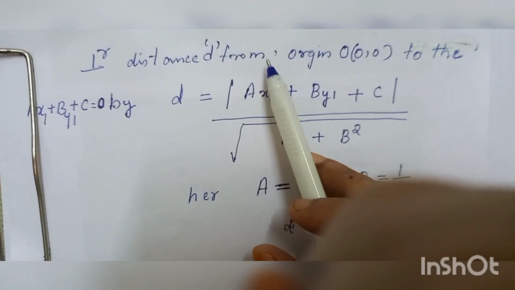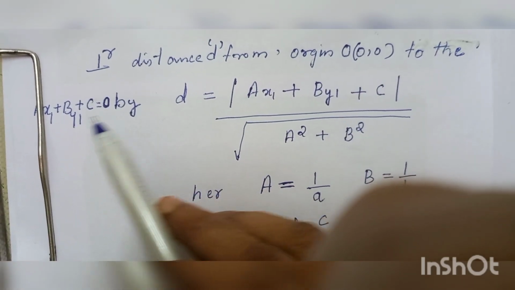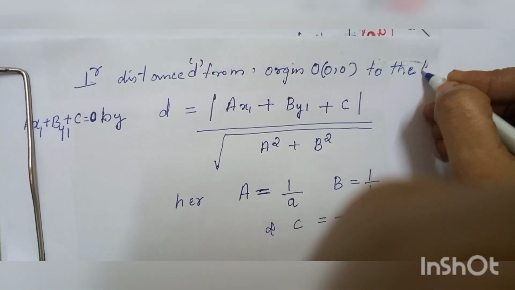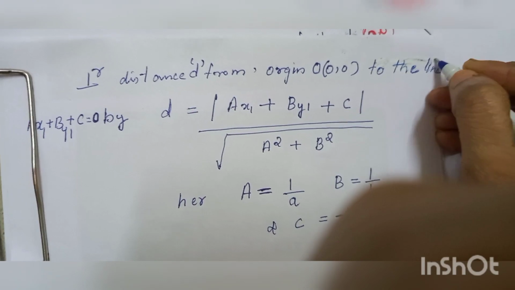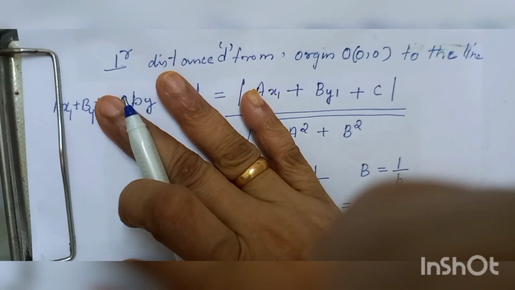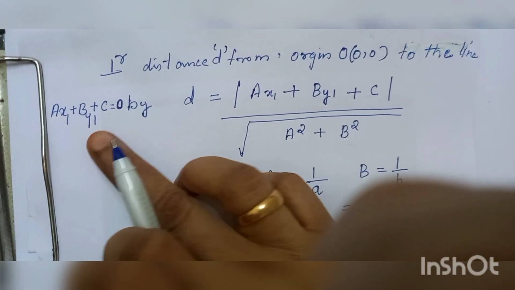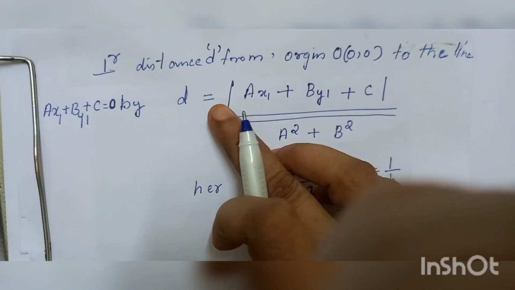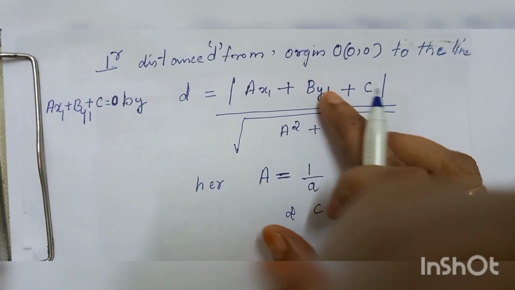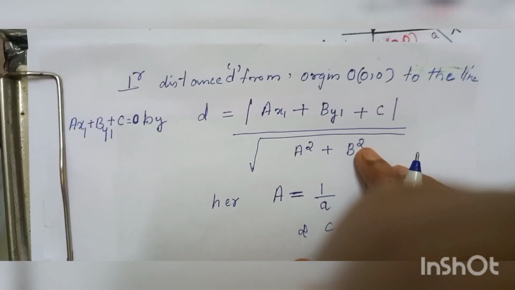perpendicular distance d from origin O (0, 0) to the line Ax1 plus By1 plus C is equal to 0 is d is equal to modulus of Ax1 plus By1 plus C under root of A square plus B square.